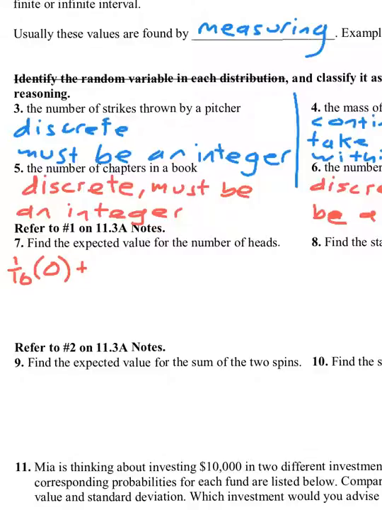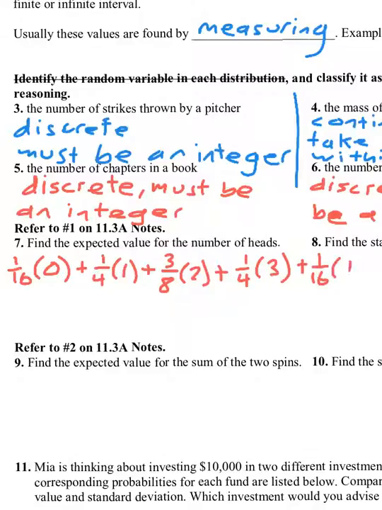We also found that there was a 1 in 4 chance that we would get 1 head, 3/8 of the time we would get 2 heads, plus 1/4 of the time we would get 3 heads, and 1/16 of the time we would get heads all 4 times we flip the coin.